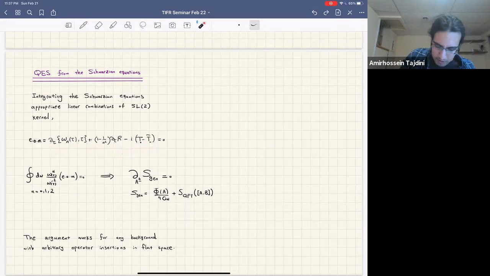By integrating them, we found the island formula again. This argument of constructing the equation of motion and integrating it against some kernels works for any number of operator insertions, not just the two psi that we studied.